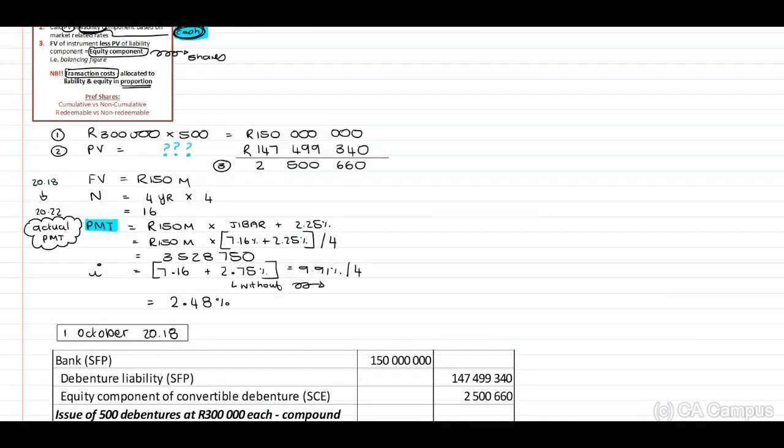When you look at the screen, 1 October 2018, we debit our bank, we credit our debenture, the liability. And we have calculated this, but guys, remember, you need to indicate to your marker where you calculated this, right?